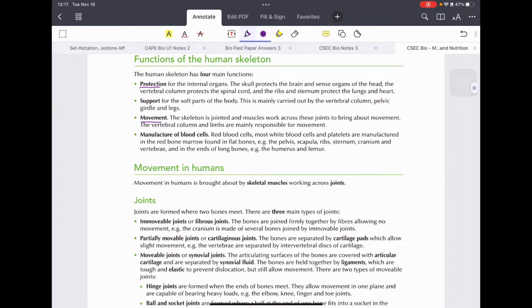And this is something you may not have guessed in your first instance watching a skeleton, but remember, blood cells are manufactured in the bone marrow. Okay, so inside the bones we make blood cells. Okay, so that's important, the four functions of the human skeleton.